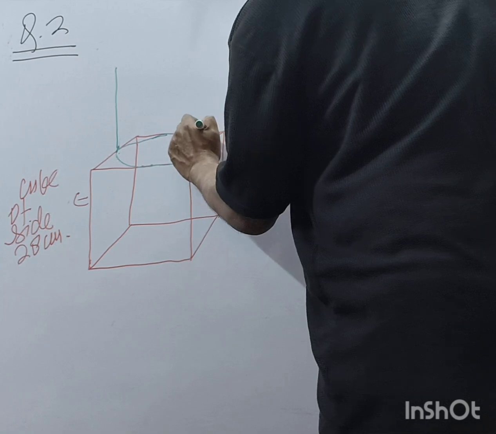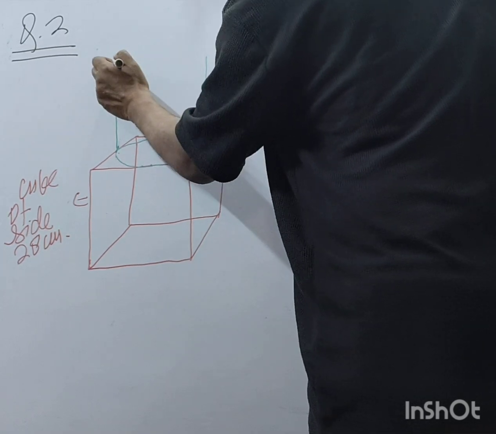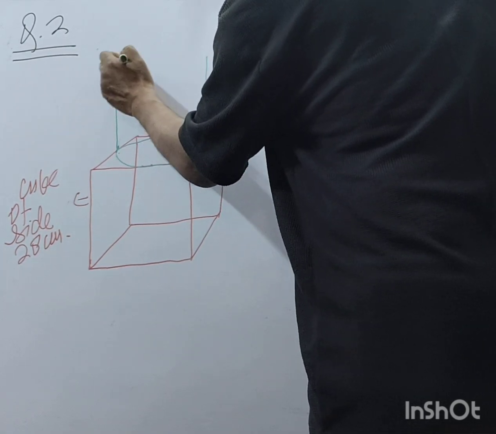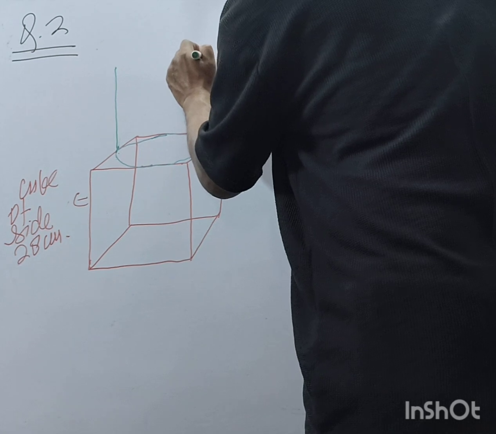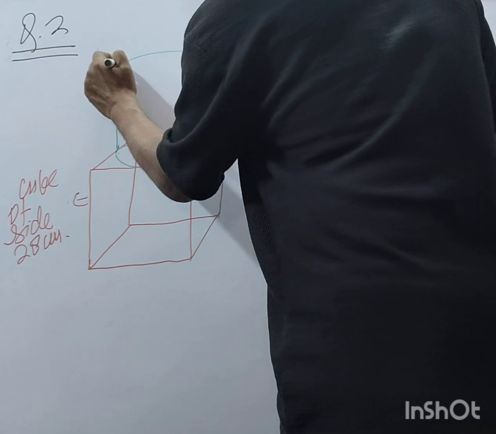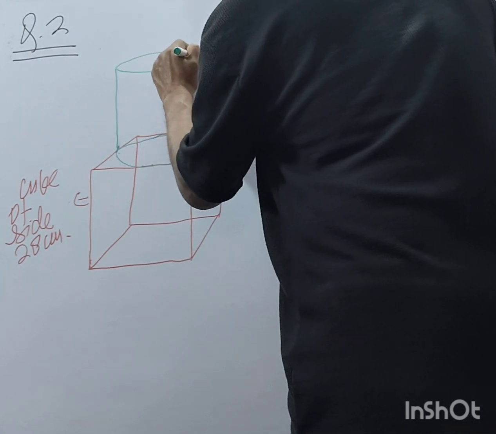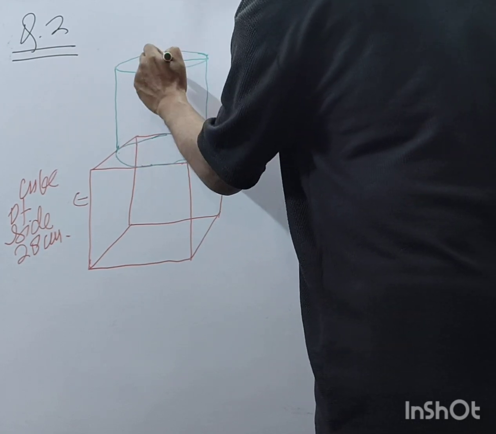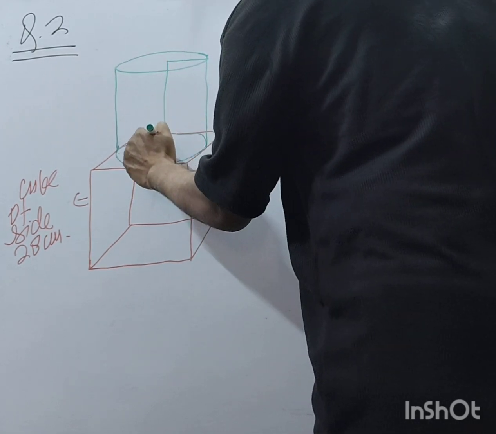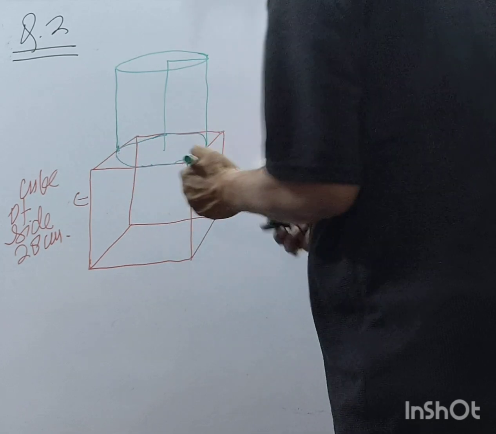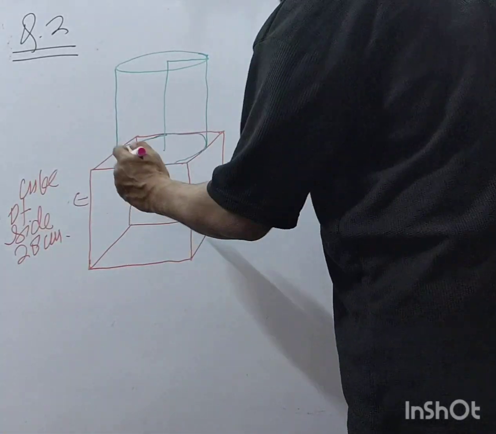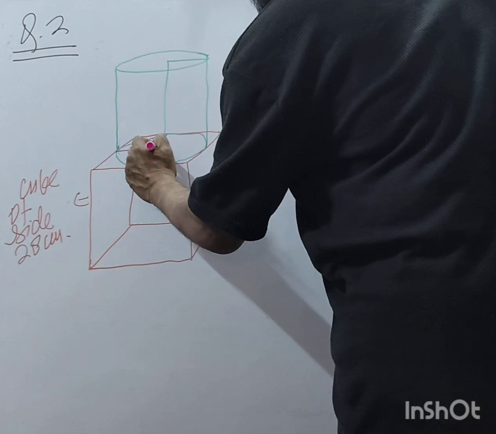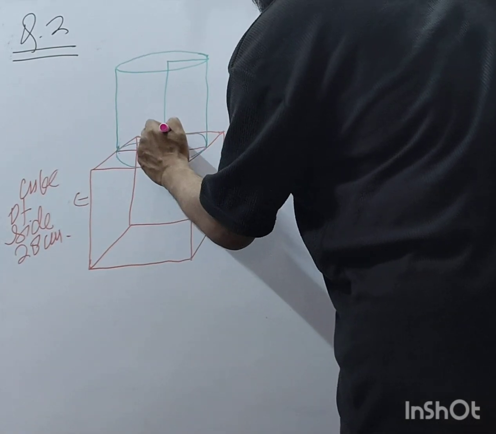So this is a cylinder, right? Of height 28 centimeters. This is 28 centimeter.